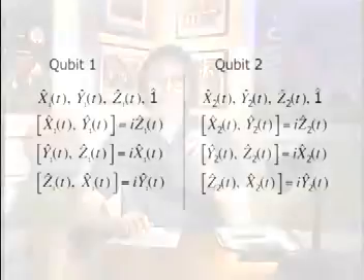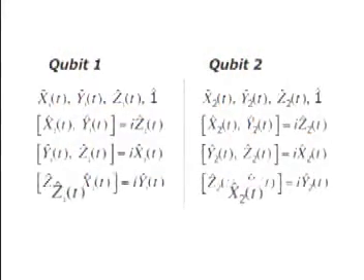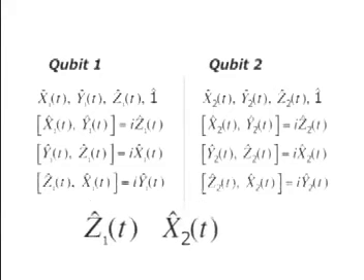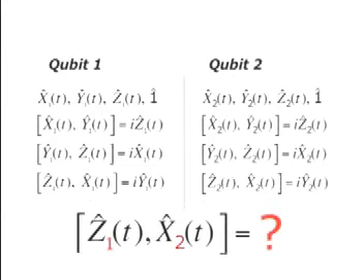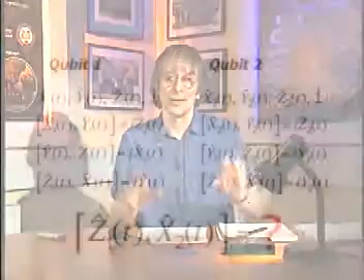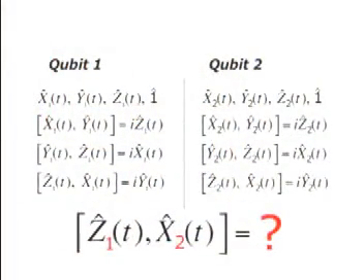Now I have to specify all the additional algebraic relations that may hold involving observables from both qubits. And here's a universal rule that defines the algebra of any composite quantum system given the algebras of its constituent systems. It just says that the observables of different quantum systems commute with each other.